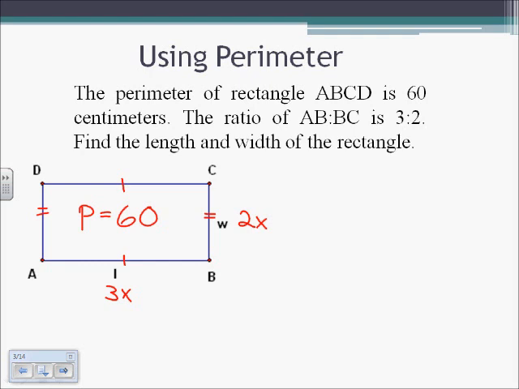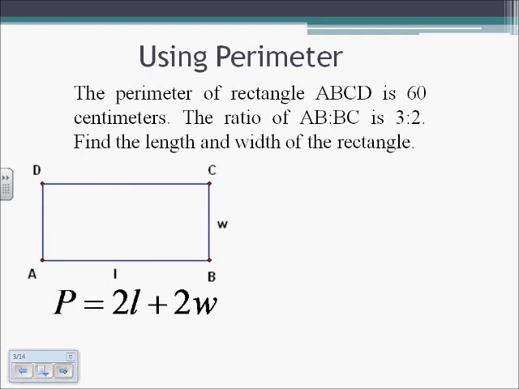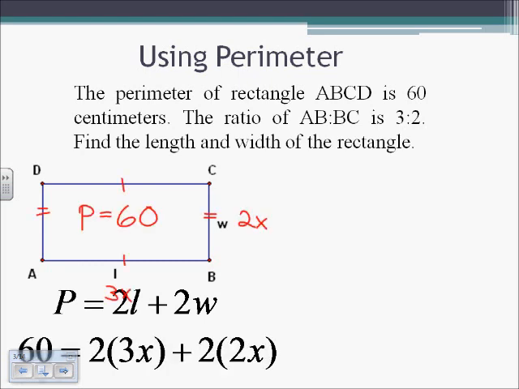Therefore, if I write an equation for the perimeter, it equals 2 times the length plus 2 times the width. Setting that up, 60 is equal to 2 times the length, which was 3x, plus 2 times the width, which was 2x. So I have 60 is equal to 2 quantity 3x plus 2 quantity 2x.